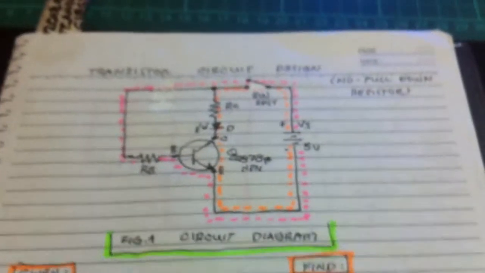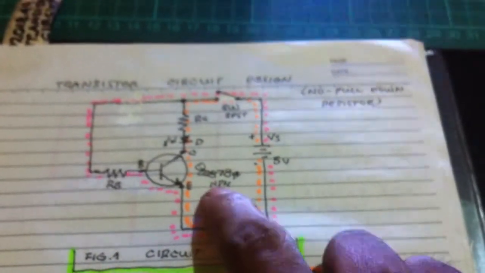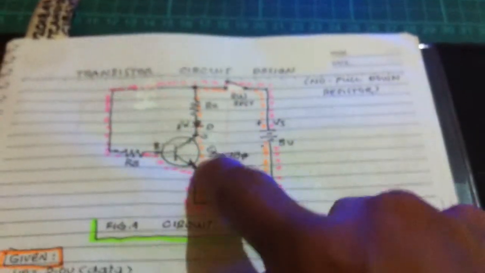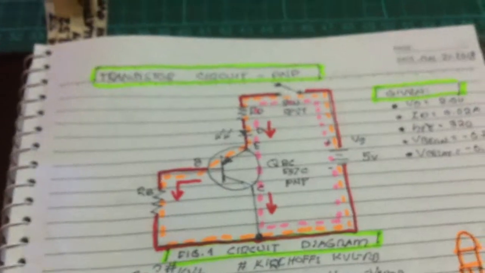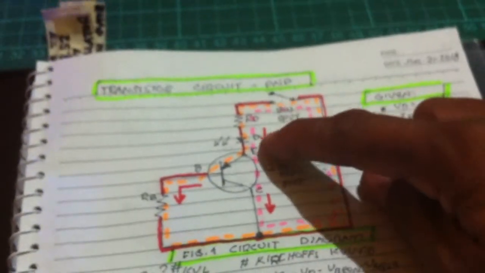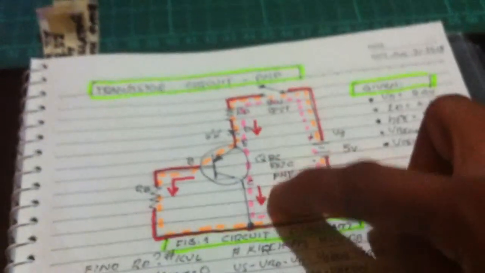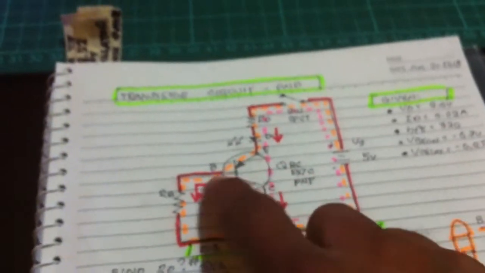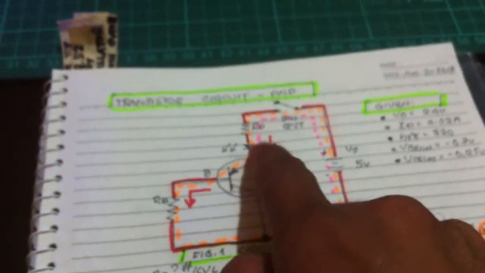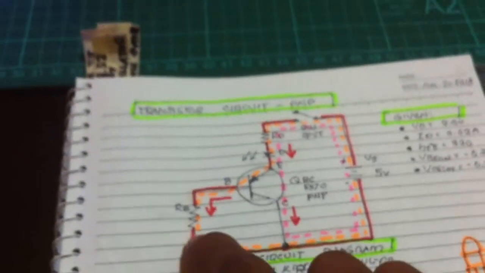As we have said, in the NPN BJT transistor, current flows here to the ground, also here. In this PNP transistor, current flows here, collector transistor to the ground, also here in the base transistor to the resistor to the ground.